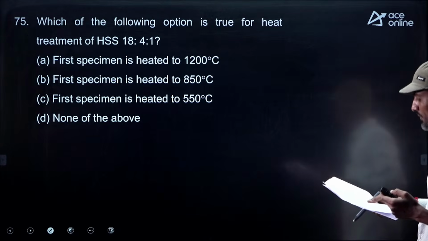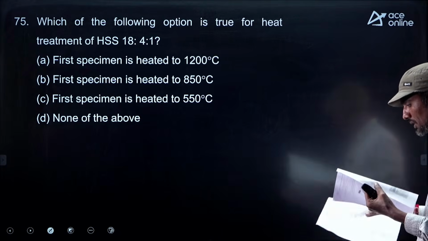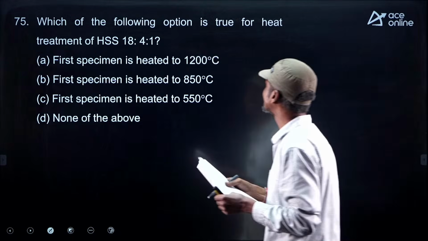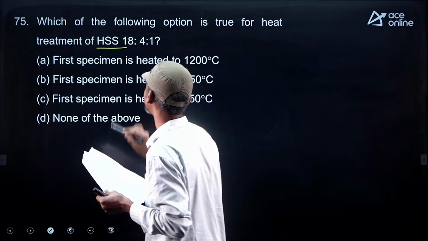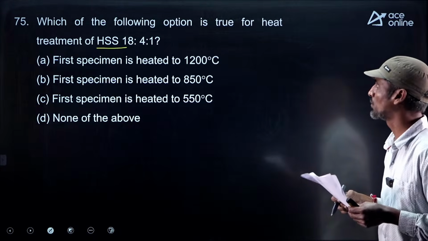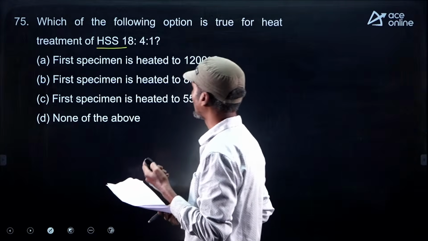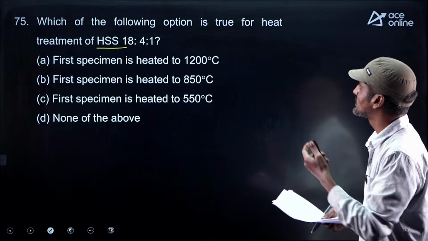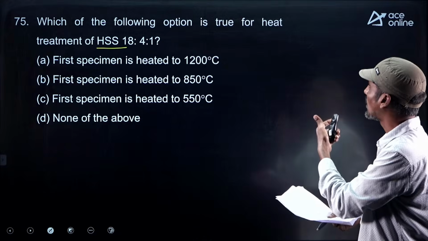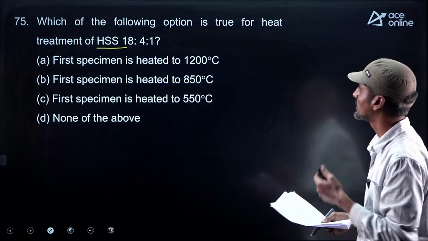As we move further, the next question is concerned with HSS, that is high speed steel, which is 18, 4 and 1, the percentages of the respective alloying elements. Which of the following options is true for heat treatment of this HSS?